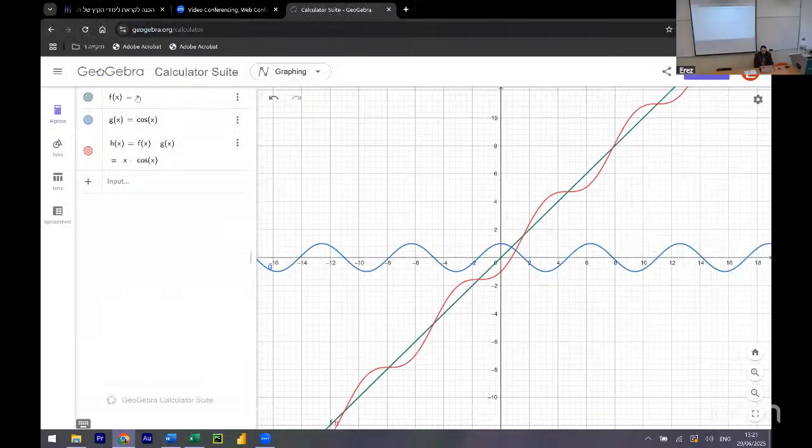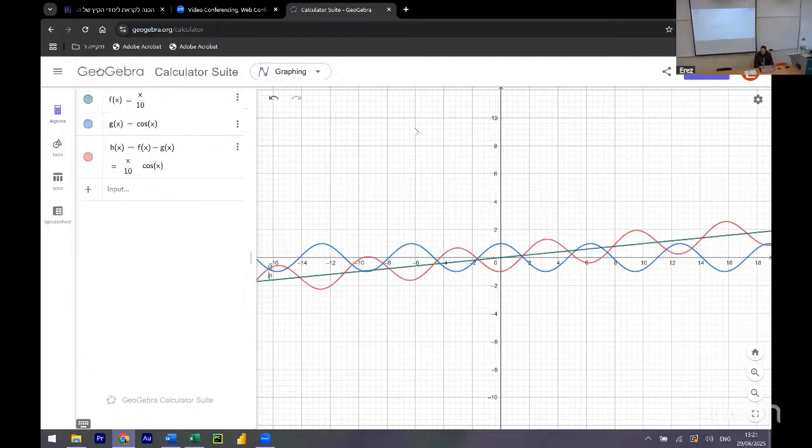Just for visualization, if I switch x by x over 10, how many solutions do we have between the two functions? Many, right?